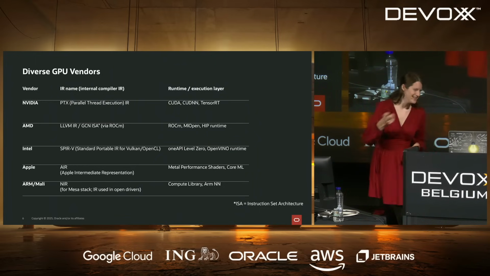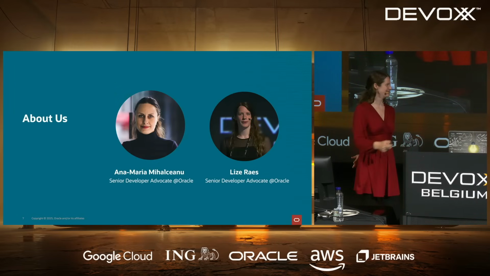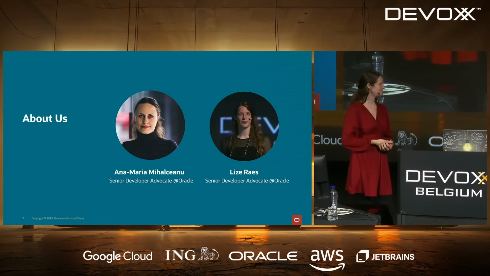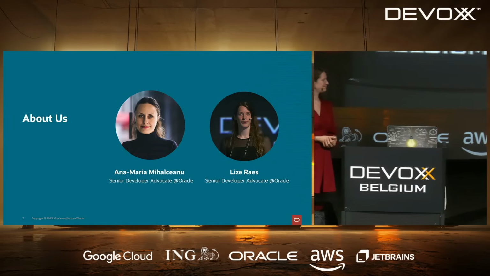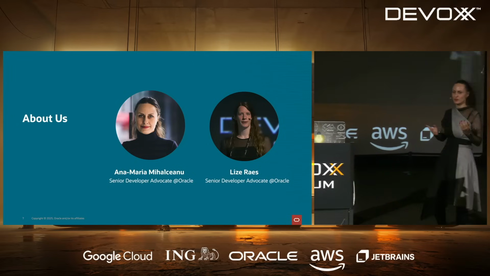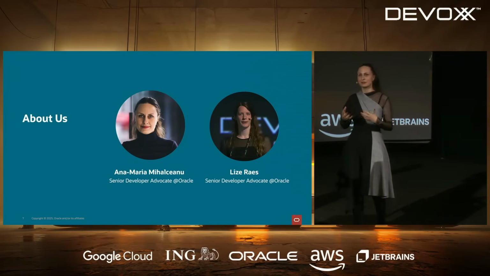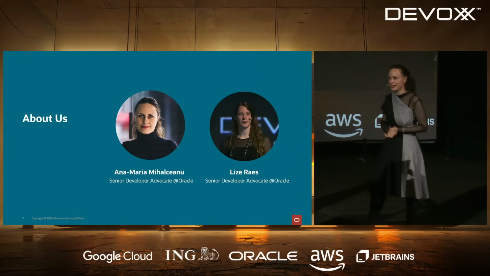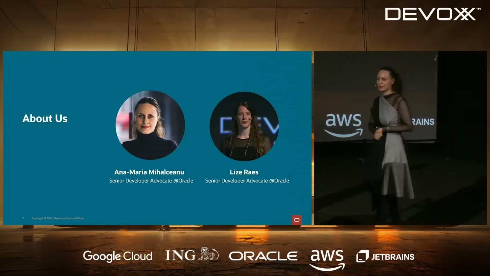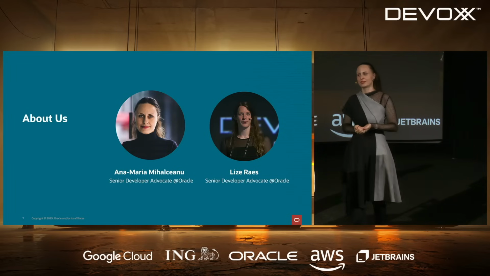So who are we? Well, I, for one, don't like C++ that much, and I don't know about you, Lise, but me and C++ in high school and university were not getting along, and I love Java because I don't have to allocate memory or think about the allocation of memory. We are here today talking about how to use Java, mainly because we're part of the Java platform group.